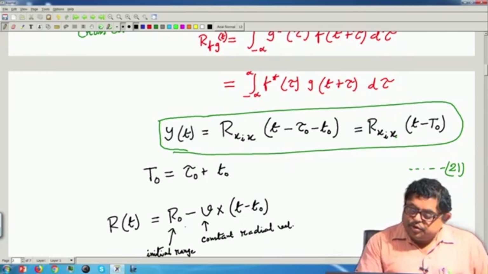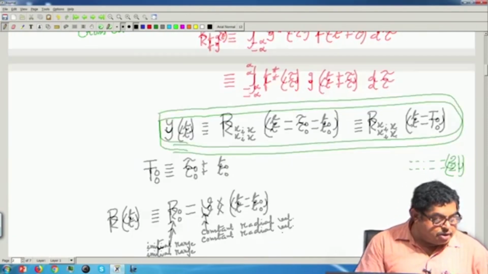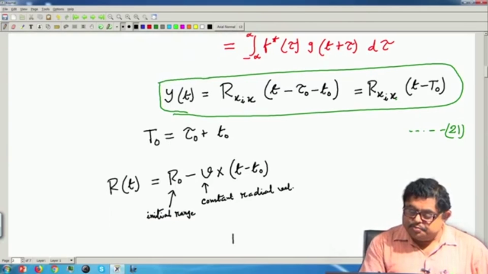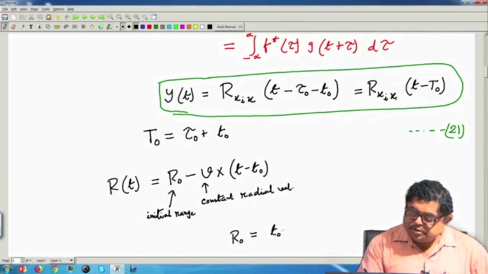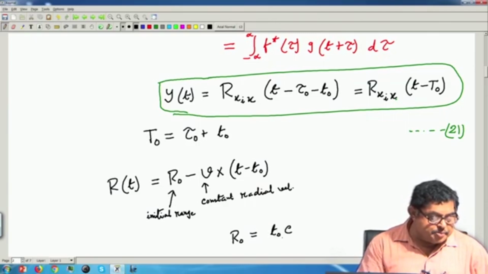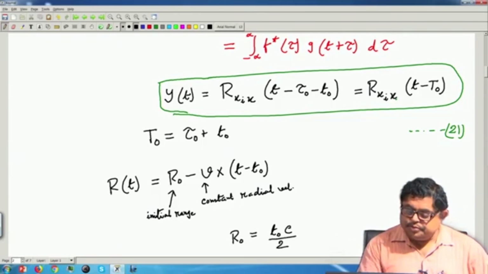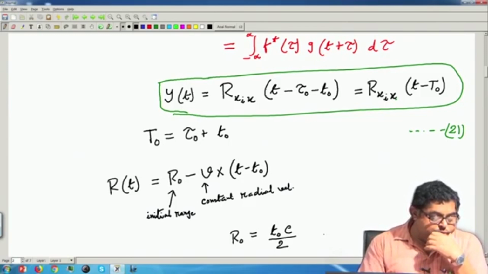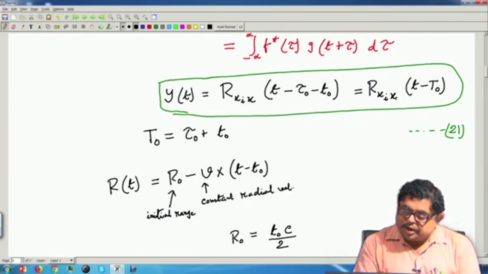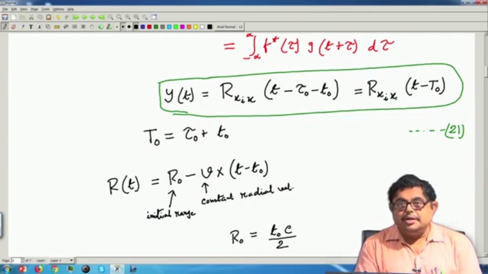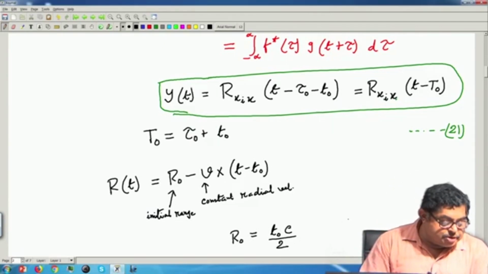We also know the expression of R naught: R naught is T naught C by 2, because it is a half delay. So, you see that this is the range.